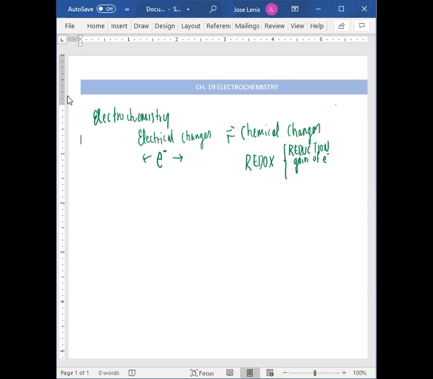So in order for a species to gain electrons, something else needs to give up the electrons. And that substance is going to go through an oxidation process.